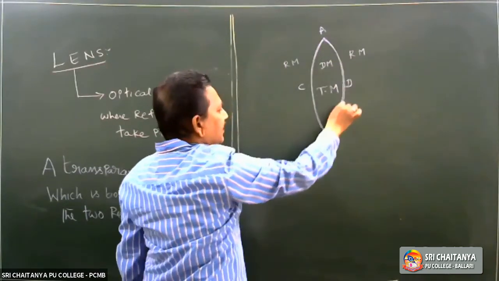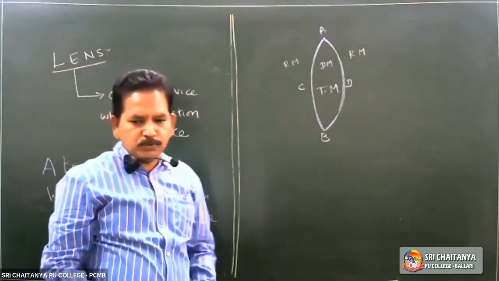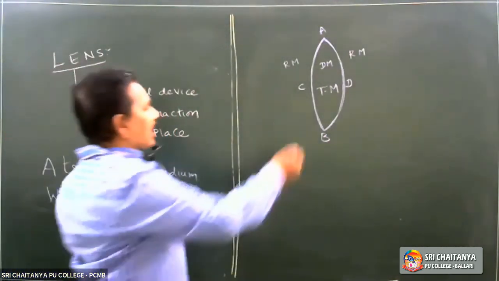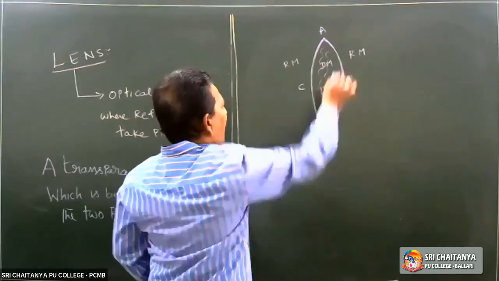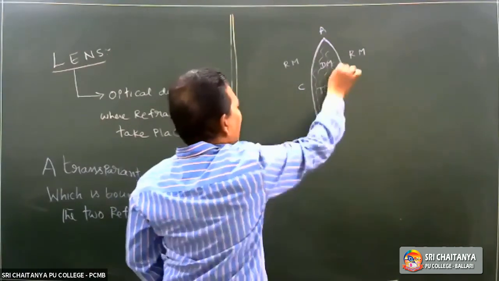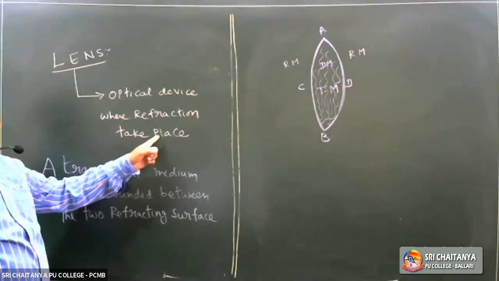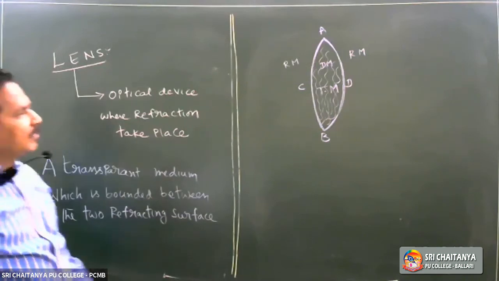ADB is another refracting surface. In between those two, a transparent medium is bounded, and this is called the lens. It is an optical device where what will take place? Refraction will take place.